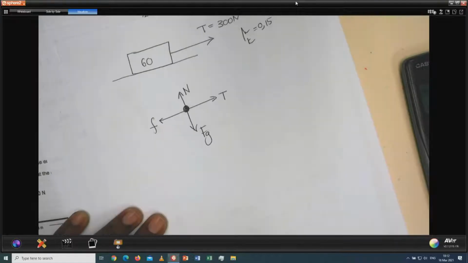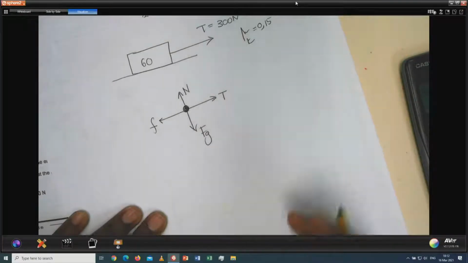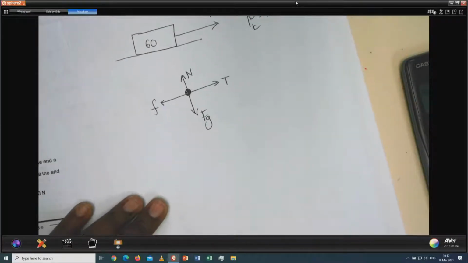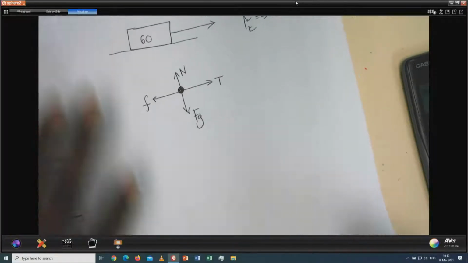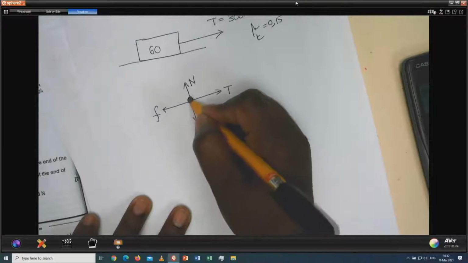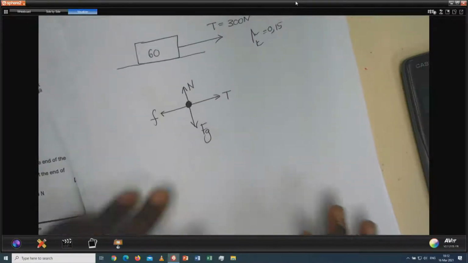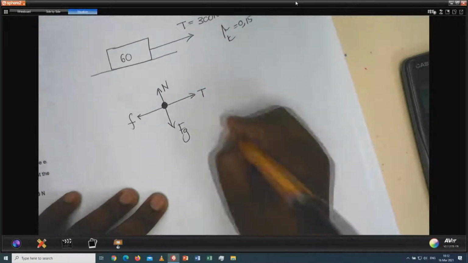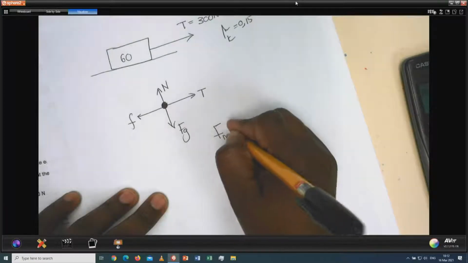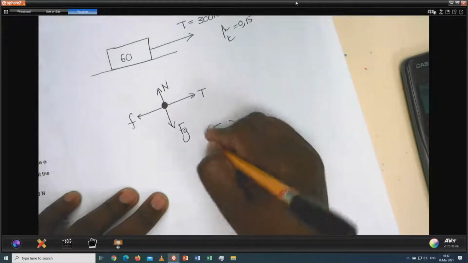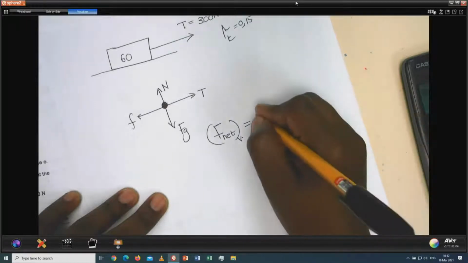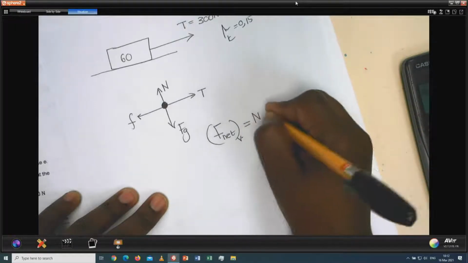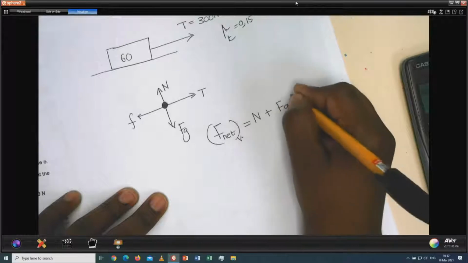Then we can say, all right, again, to determine the normal force, I think this one we can see directly here, but I'll still stick to the same method. F net, this is F net vertical. F net vertically is equal to the sum of all the forces acting on this object.